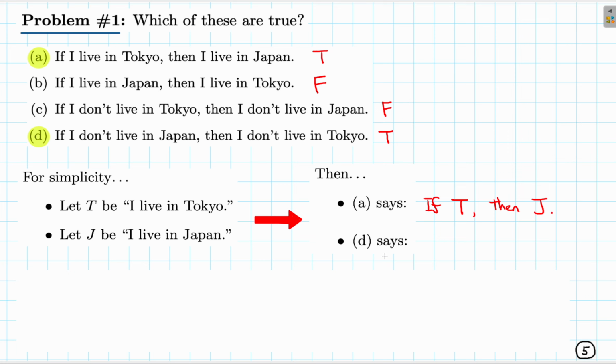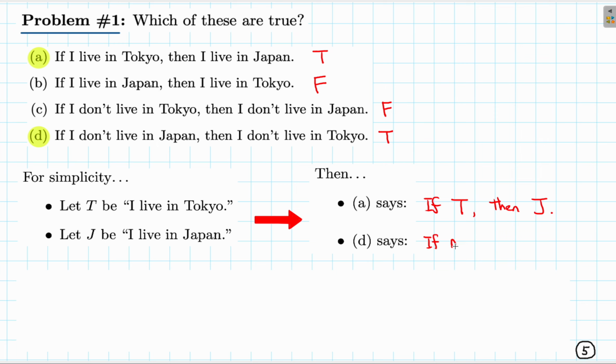Now, what about implication D? If I don't live in Japan, then I don't live in Tokyo. Now, that can be written as if, now the if part and the then part got swapped and also negated.